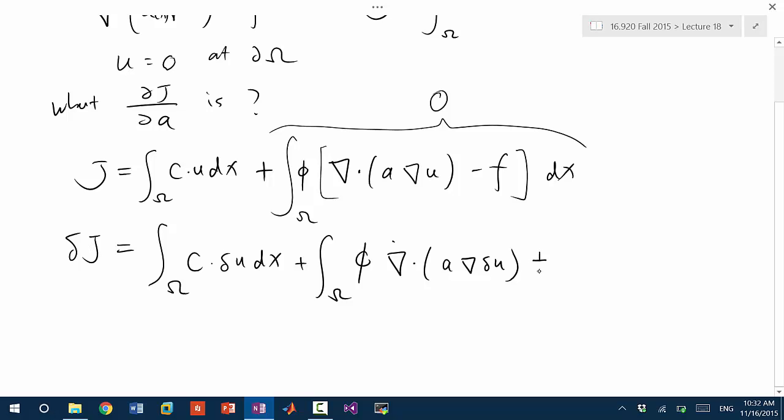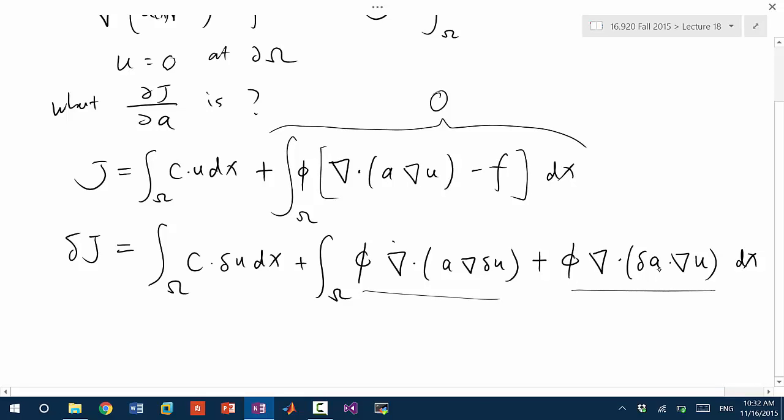But now I have an additional term that is phi times the divergence of delta A times the gradient of this original U dx. This term is due to the change in the solution. This term is due to the change in my control parameters.